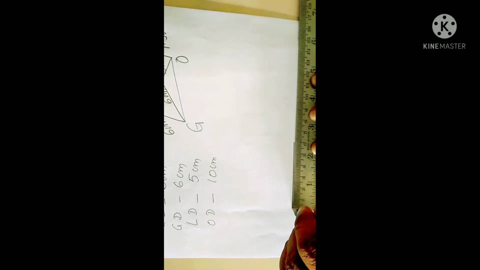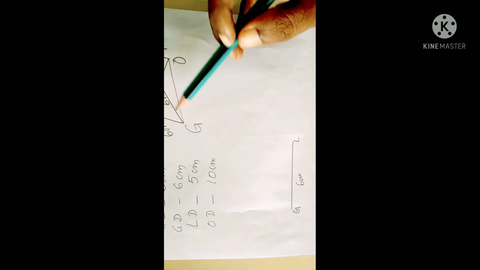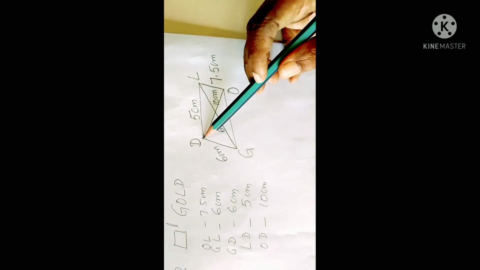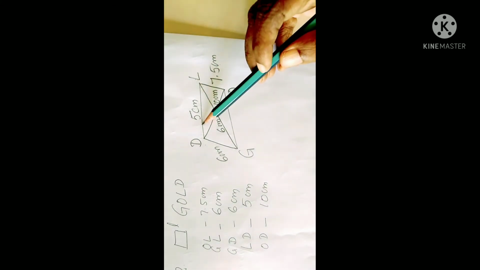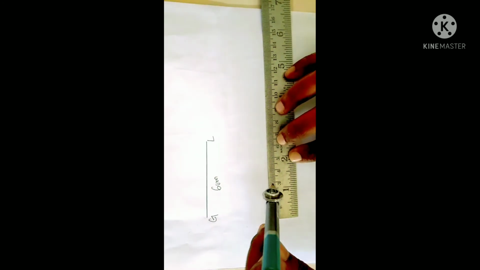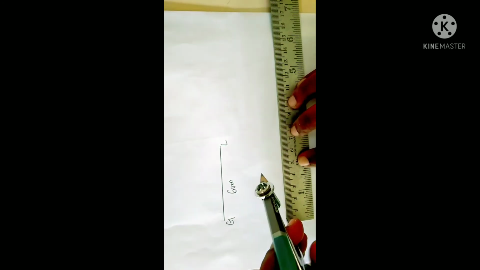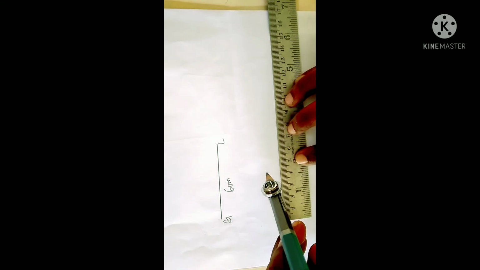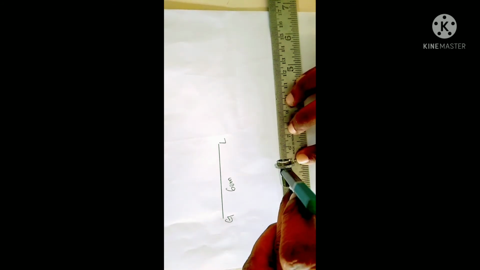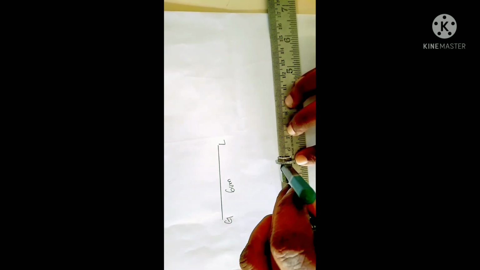I told you that time also, if you wish to draw from diagonal, you can do that first. GL 6 centimeter. Now, from GL, you see from G 6 centimeter and from L 5 centimeter distance if you take, you will get the point D. So, what we will do? First, we will take five centimeter. From where is it 5 centimeter?